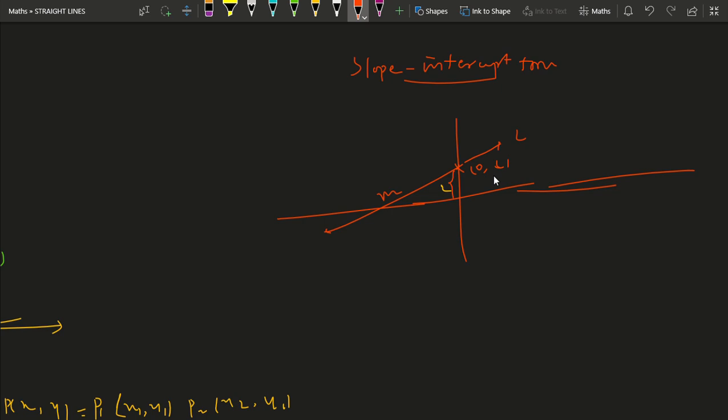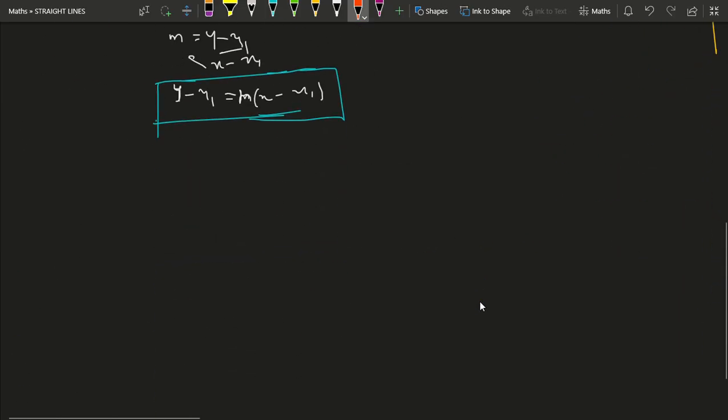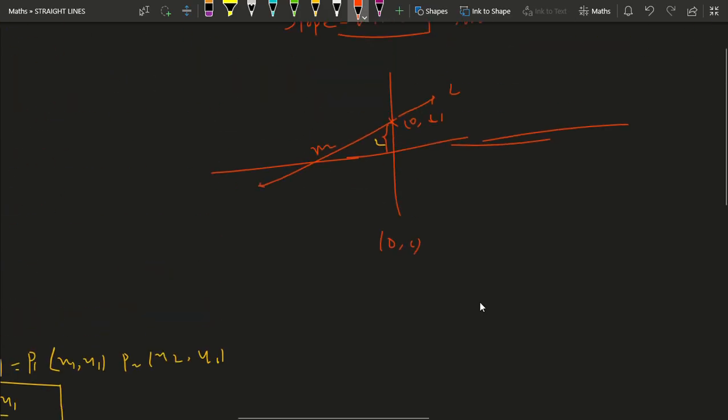Therefore, point slope form. What is point slope form? One point form, for this point 0, C. Y minus y1 is equal to m into x minus x1, where this is x1, y1. So y minus C is equal to m into x minus 0.